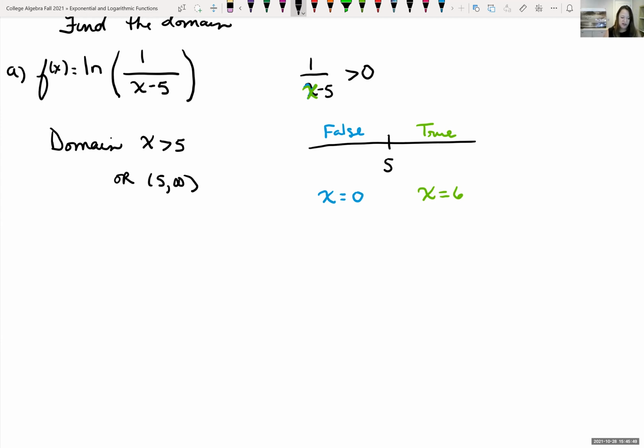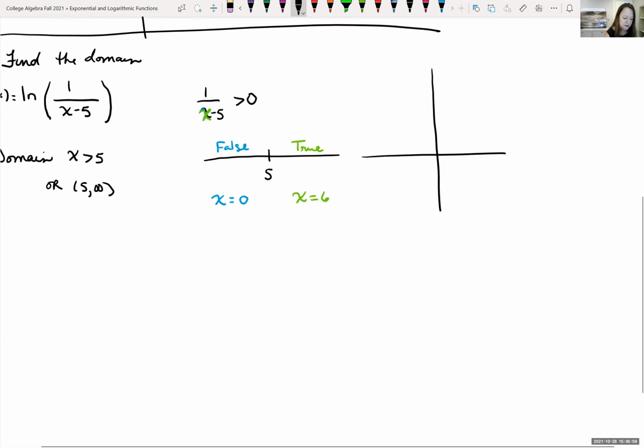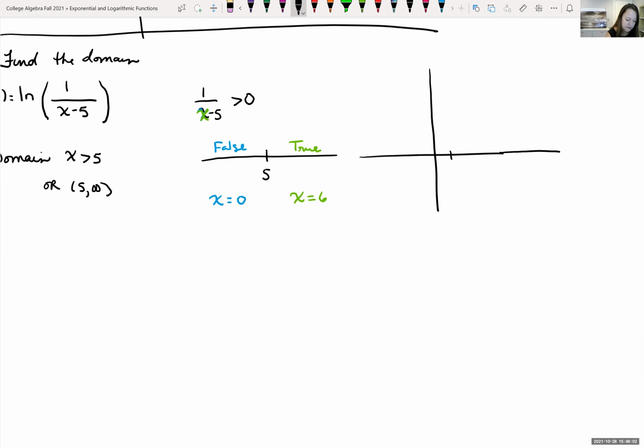Technically, just knowing where our asymptote is, you should be able to graph this. We know we don't have any x-intercepts. Let's look at our y-intercept. We have a vertical asymptote at x equals 5.